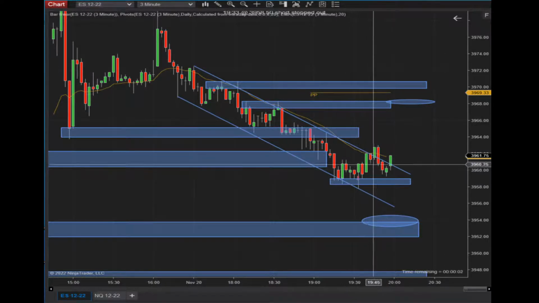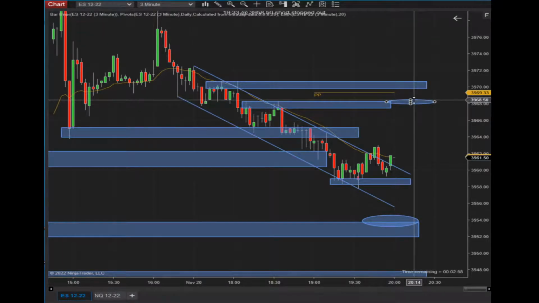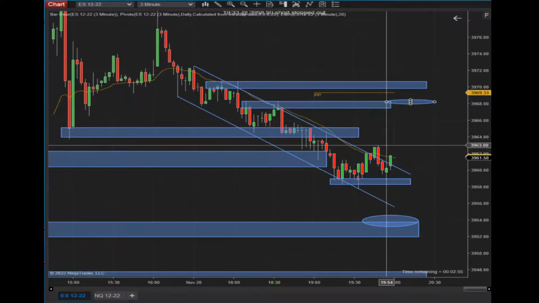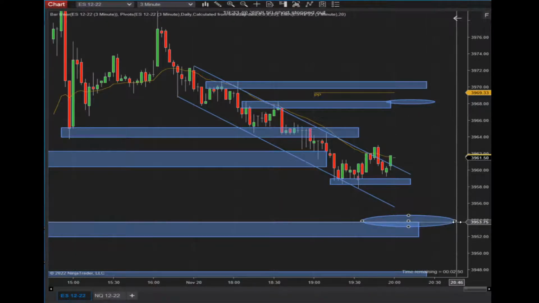If this does have a move up, this is the target I would be looking for it to ultimately go to. If it does continue down, this is where I'm expecting it to go.